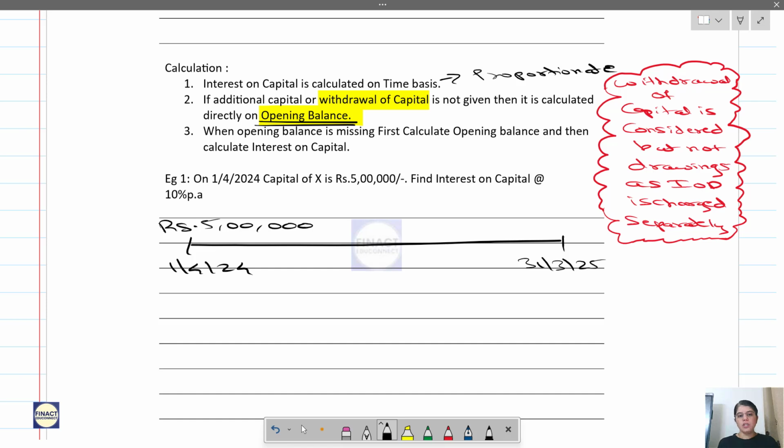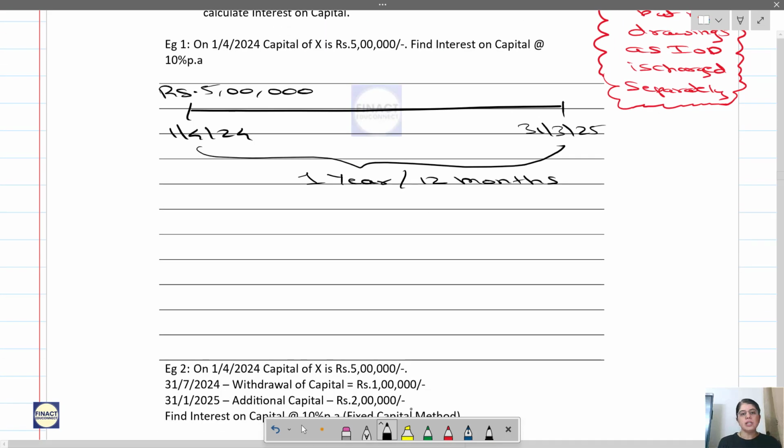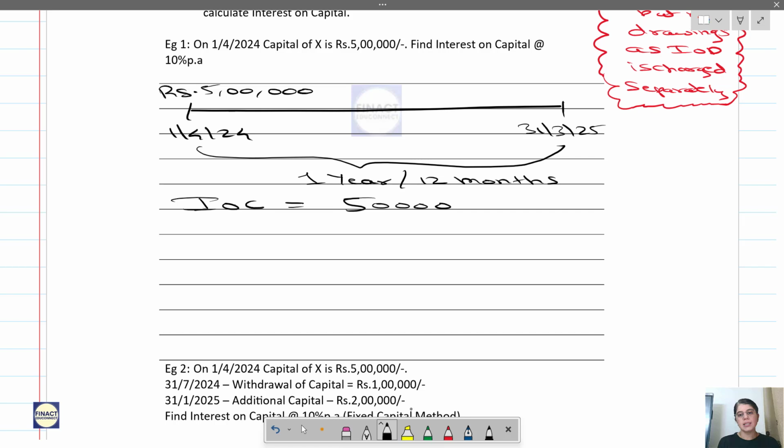Now if you see, this opening balance of capital was there throughout the year. It was there for 1 year, or I can say 12 months. So my interest on capital will be 5 lakhs into rate, that is 10%, so 10 by 100. Now it was there for 12 months.